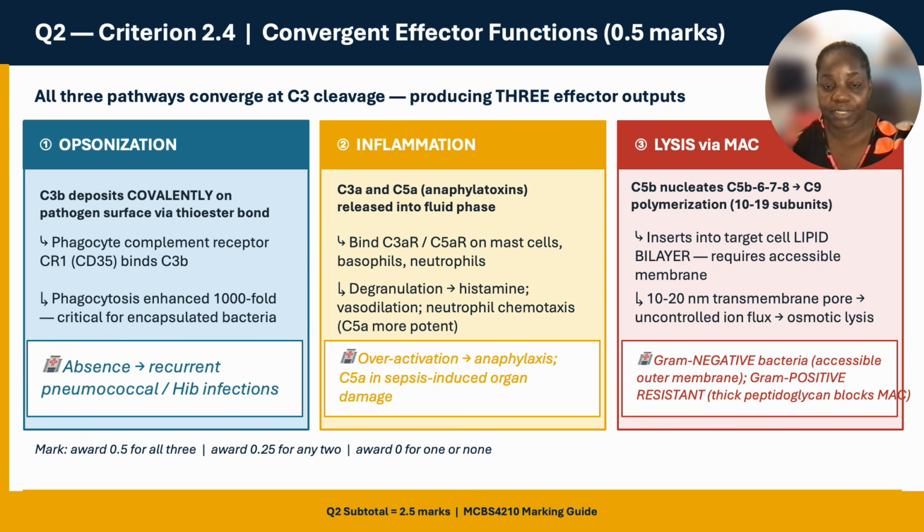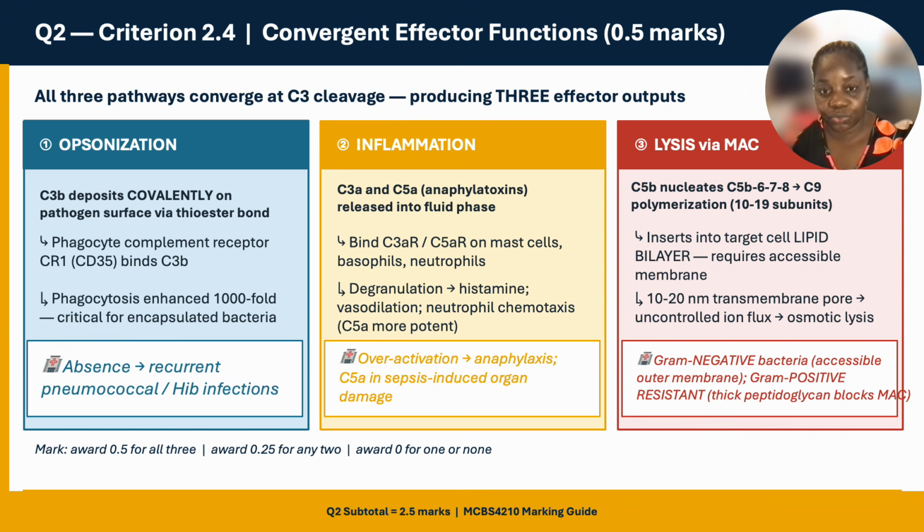So the mechanism is C3a and C5a bind G protein coupled receptors on mast cells and basophils, triggering degranulation and histamine release. I want the receptor binding step to be mentioned, even briefly, for you to have the full credit on this question. And regarding opsonization, how to describe it.